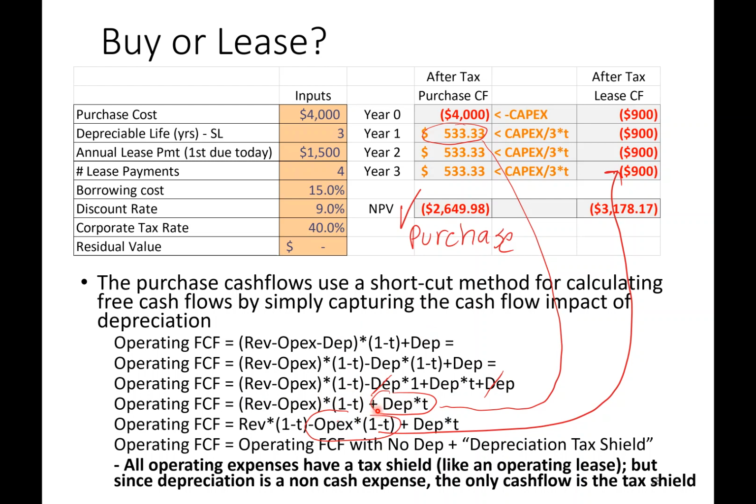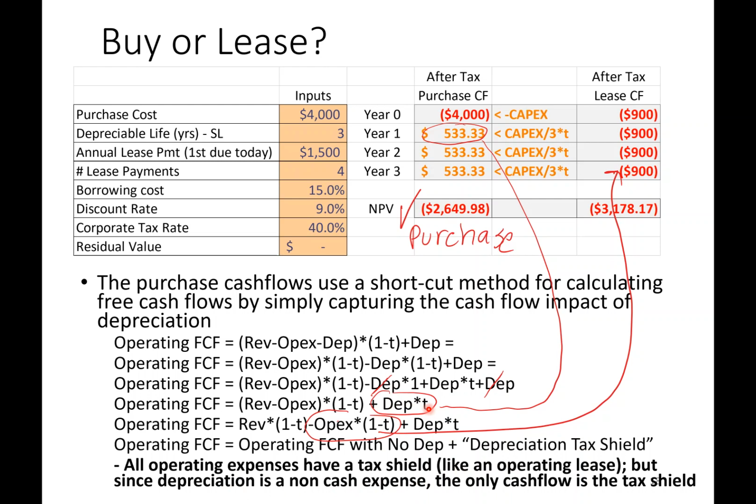Another way of thinking about the operating free cash flows is to take my after-tax revenue minus my after-tax OPEX and add back my depreciation tax shield, which is just the reduction in taxes due to having depreciation. So all operational expenditures also have a tax shield, just like an operating lease, but since depreciation is a non-cash expense, only the tax shield is included for depreciation. This is just an alternative short way of writing this.